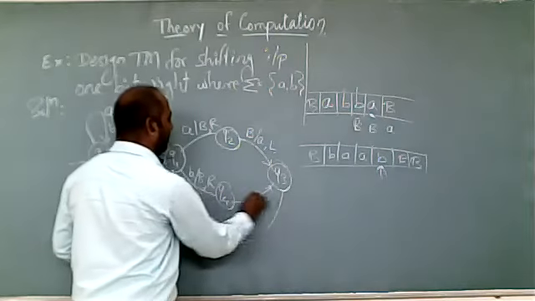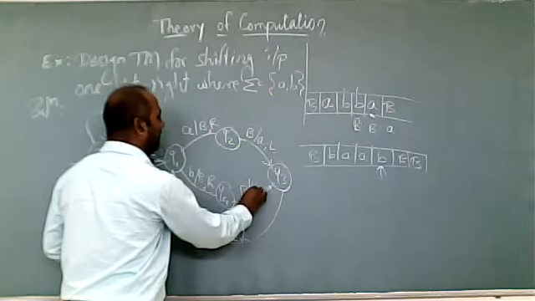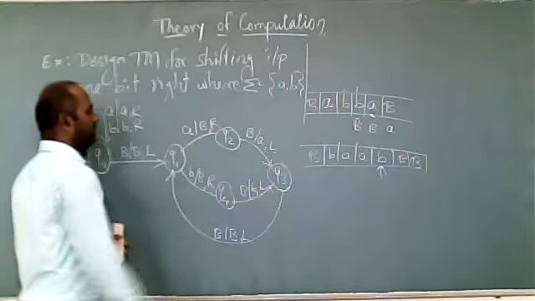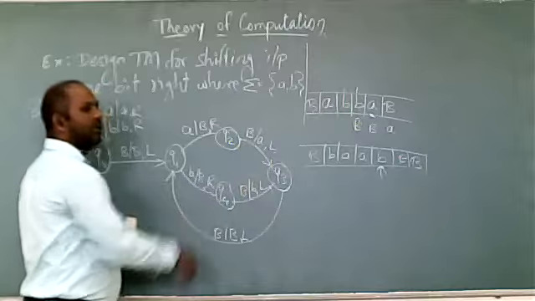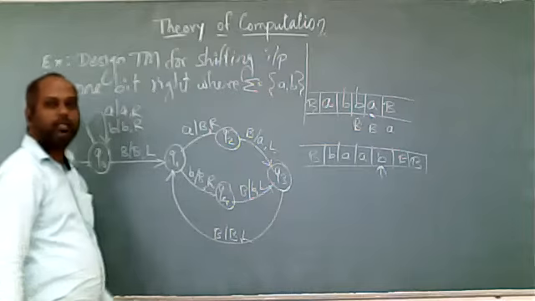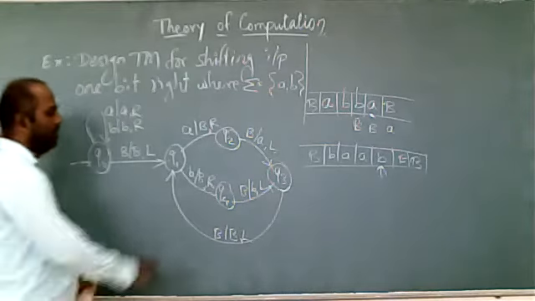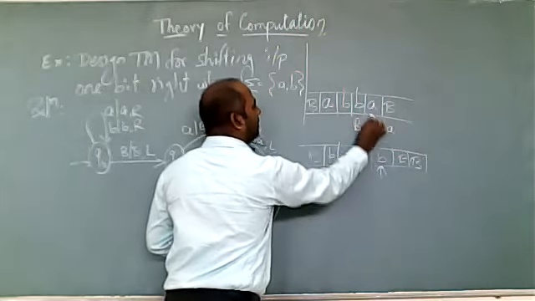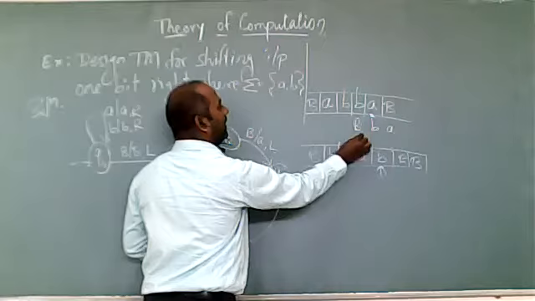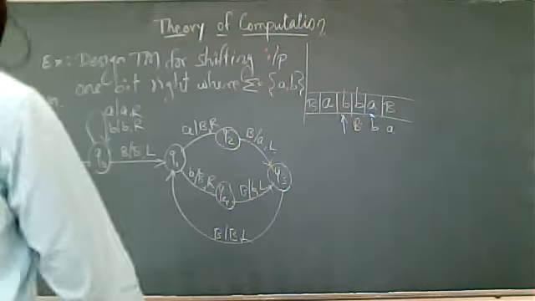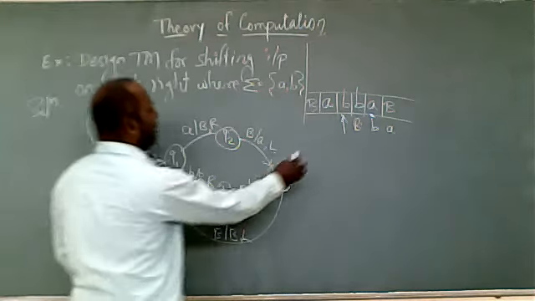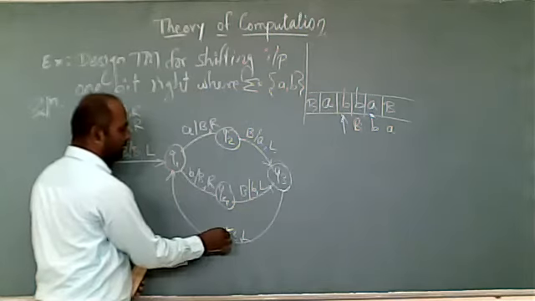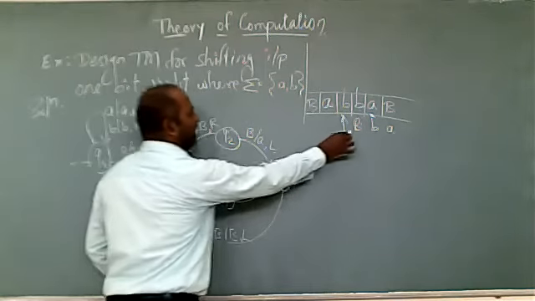Again the same thing: blank replaced with B and left. So what we did with the A, the same thing we'll do with the B. Now if blank, we keep blank as it is and left.